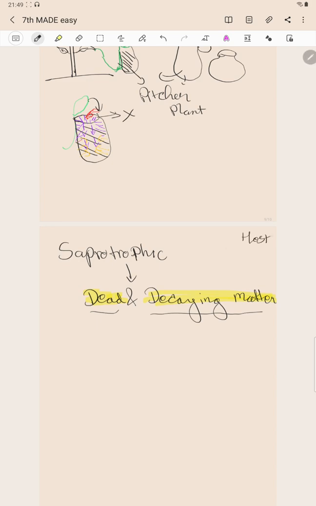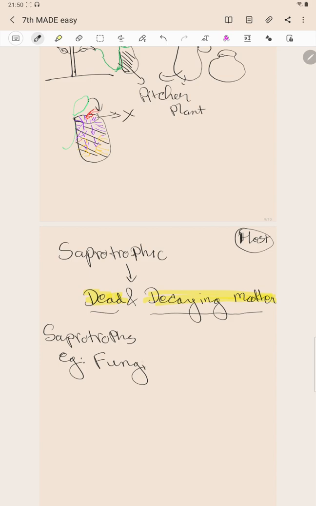The organism obtains food from a living host, not from a dead one. Here, the organism obtains nutrition from dead and decaying matter. Such organisms are called saprotrophs. Heterotrophic nutrition, heterotrophs; autotrophic nutrition, autotrophs; saprotrophic nutrition, saprotrophs. An example is fungi.